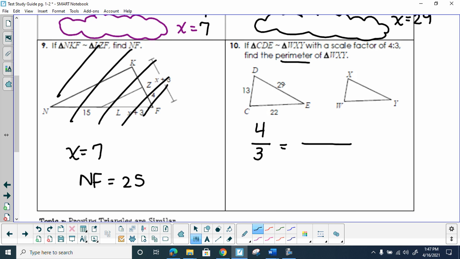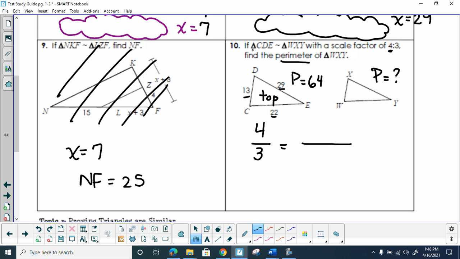Okay, so we need to add the sides of CDE to get the perimeter. Okay, which I think those add up to 64, but we don't know the perimeter of the other triangle. That's what we got to find out. Okay, so you'll put, let's see, since 4 is bigger, that means whatever came from the larger triangle goes on the top.